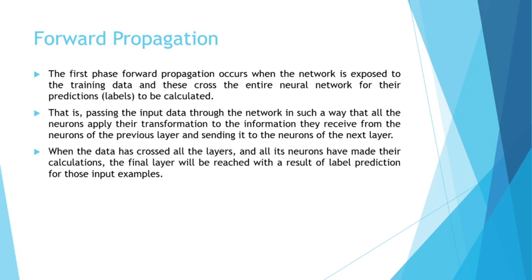So it will pass the input data through the network in such a way that all the neurons apply the transformation to the information they receive, and then it will send this to the neurons of the next layer, right?